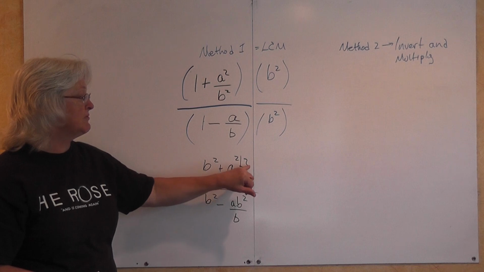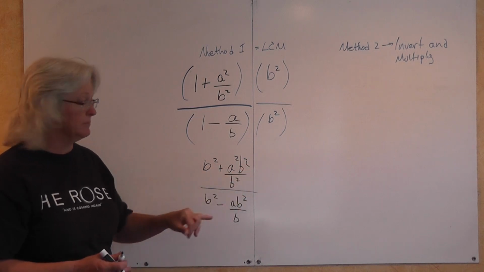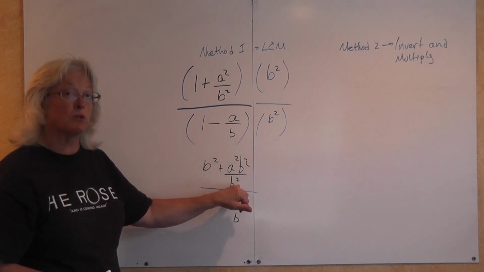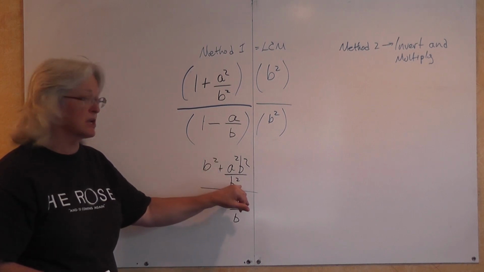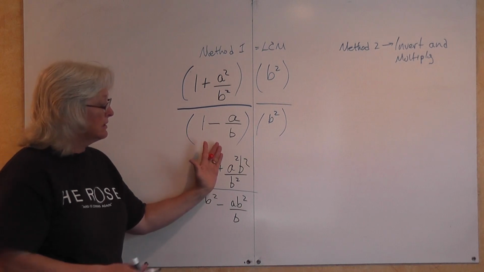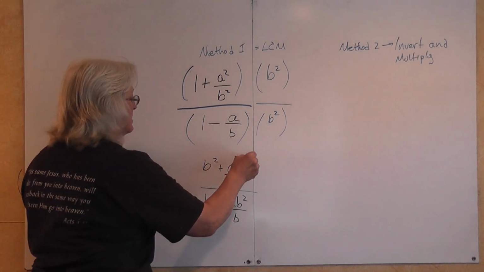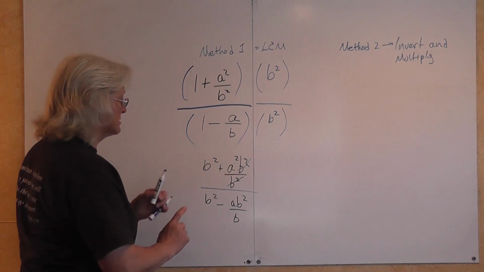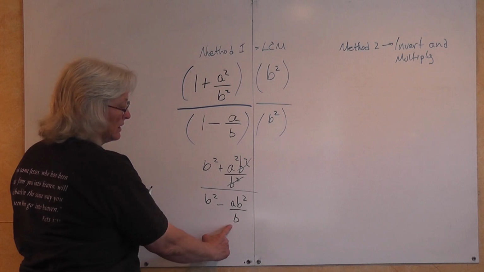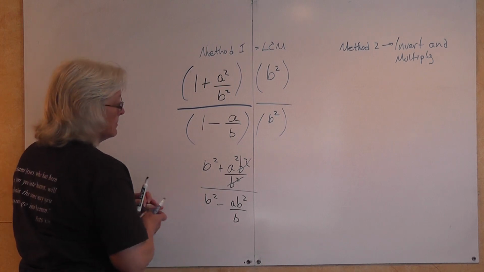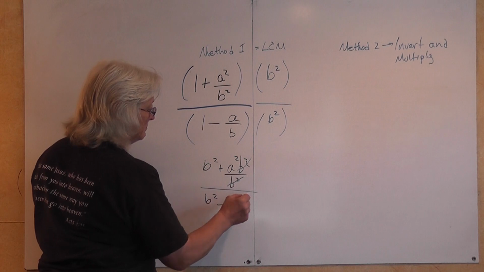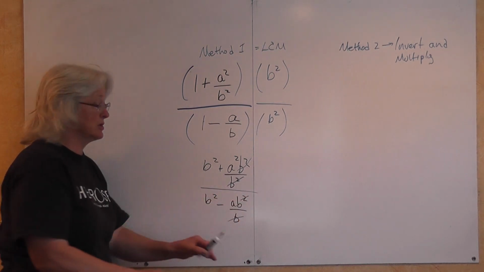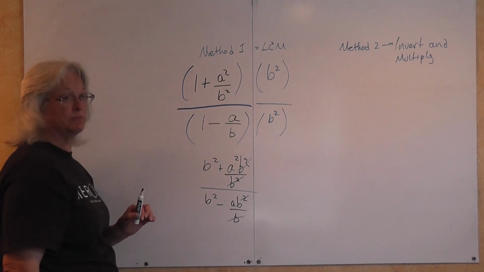Now, we have common factors here that cancel, don't we? And we can do that because I couldn't cancel b squared this way, because that's canceling within terms. I can cancel the b squared in this because this is numerator and denominator of the same expression. Same thing here. I can't cancel b from here, but I can cancel out a factor of b because I'm simplifying this one rational expression that is a part of the denominator.